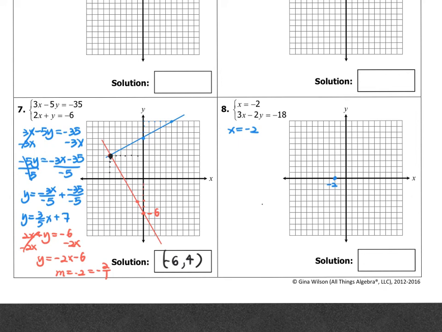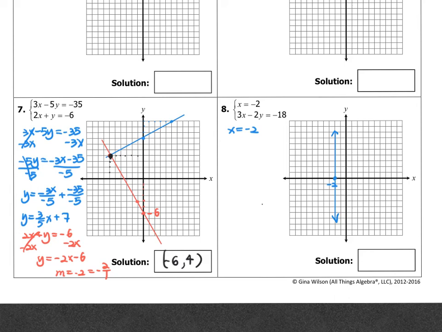If you've heard my story of how I fell off the cliff when I was skiing, this is the line. Oops, that needs to move over a little bit. This is the line that looks like the cliff where I fell off. It's undefined, right? It's basically Death Valley. So just remember that when there's no y, that line cannot touch the y-axis at all.